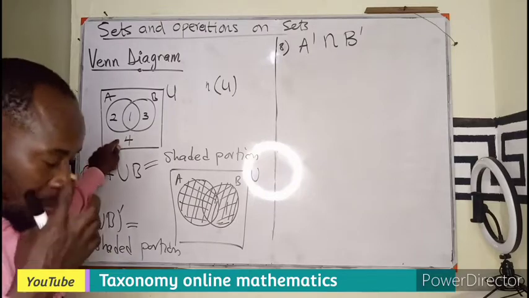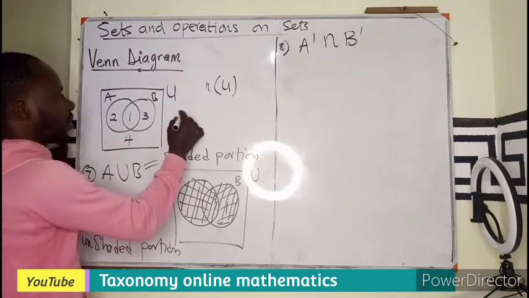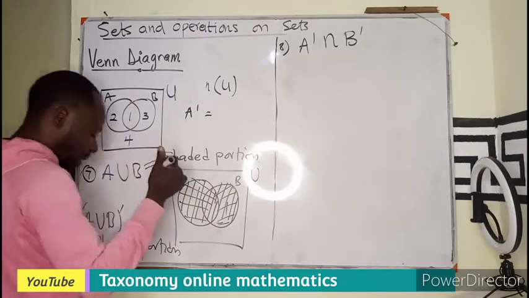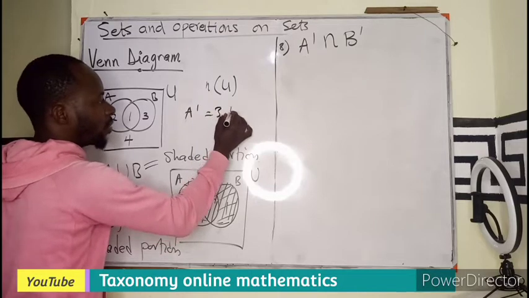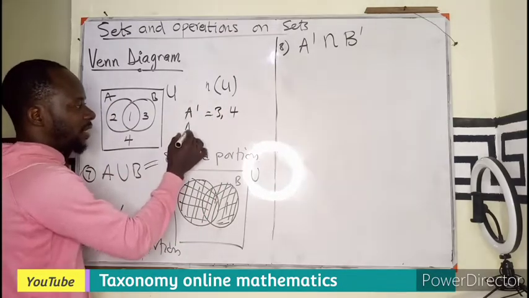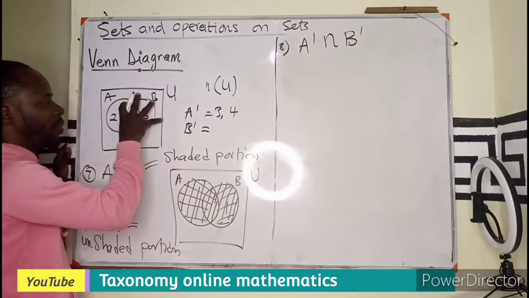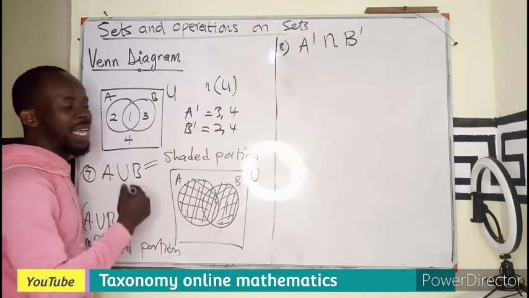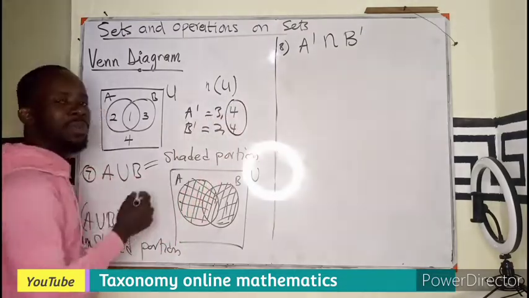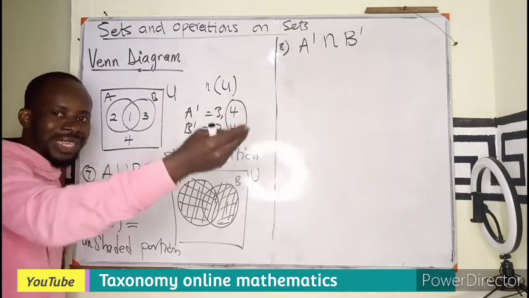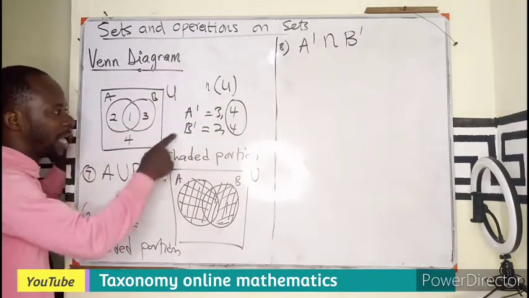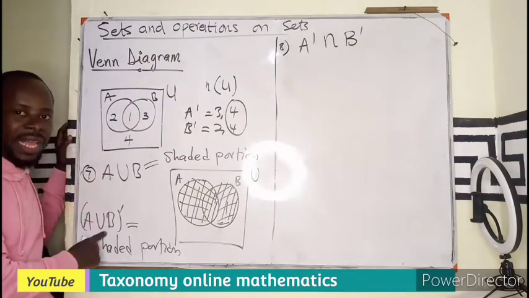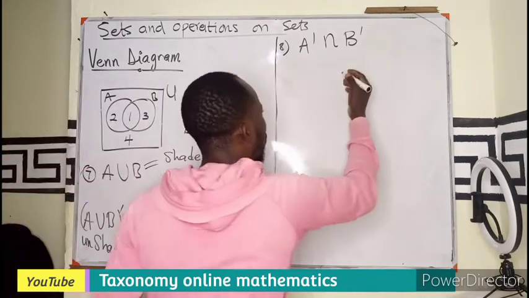You see that I mentioned 4. So which of the regions intersect, overlap? This is the region that overlaps. If I'm looking for the intersection of A complement and B complement, that will be region 4, the unshaded region, which is here. So this will also be given.